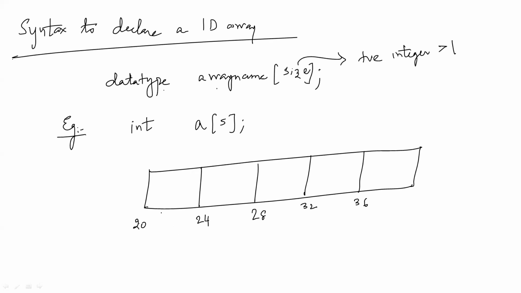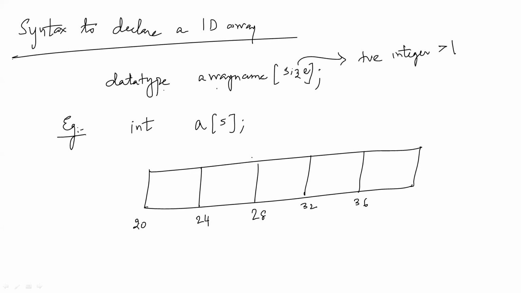The first block requires 4 bytes: 20, 21, 22, 23. The second block also takes 4 bytes: 24, 25, 26, 27. Third block, 28, 29, 30, 31. Fourth block, 32, 33, 34, 35. And fifth block, 36, 37, 38, 39.